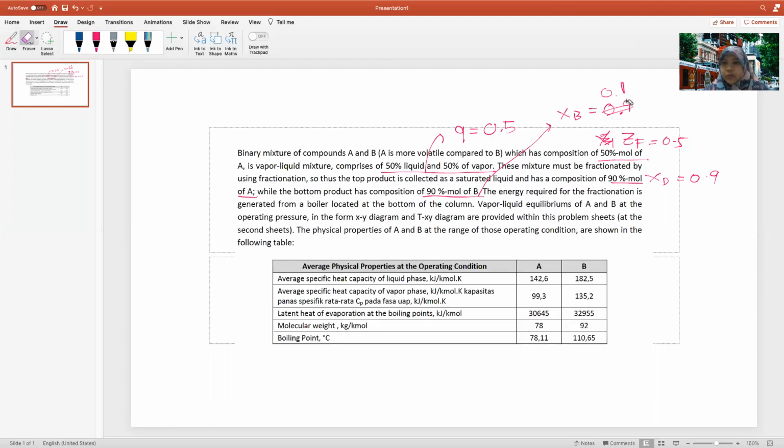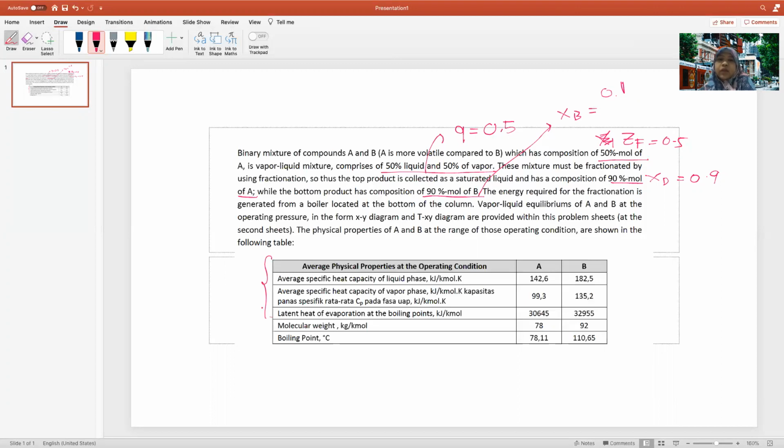Okay, what else? Do we have more data? Maybe the physical properties, ma'am. Yes, these are the physical properties. We're going to need them later for the heat balance.